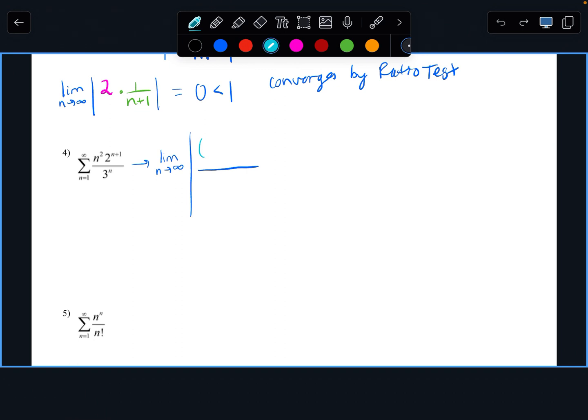Oh, whoops. I need more room here. So you're going to plug in n plus 1 for n. So if you already got plus 1s on there, that's going to be n plus 2, because you're plugging in n plus 1 into that. So it's going to be n plus 2 all over 3 to the n plus 1. And then your original.